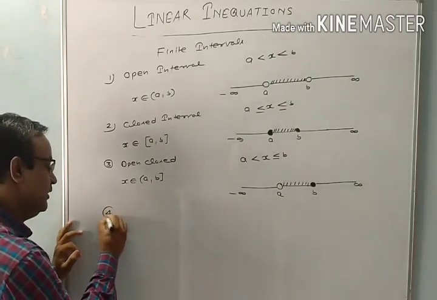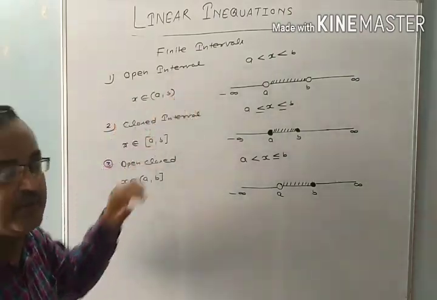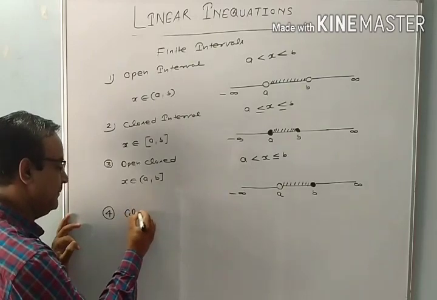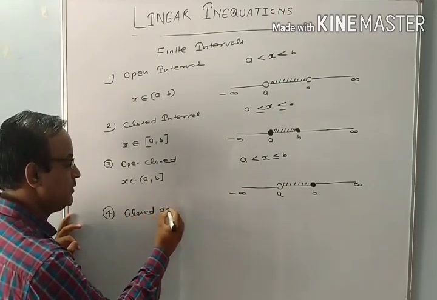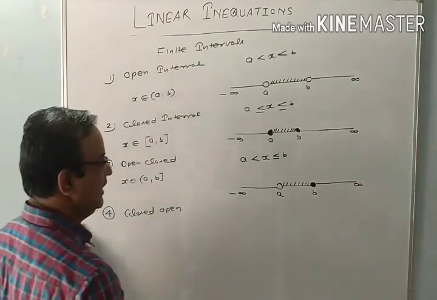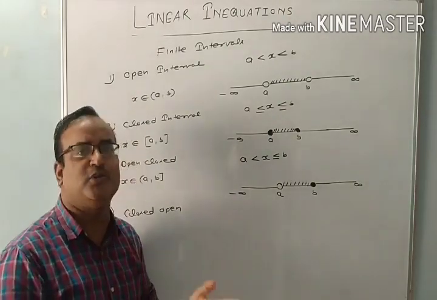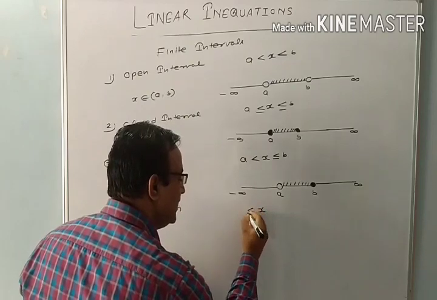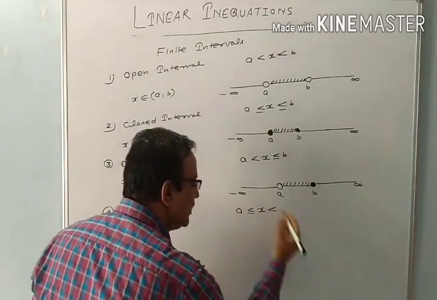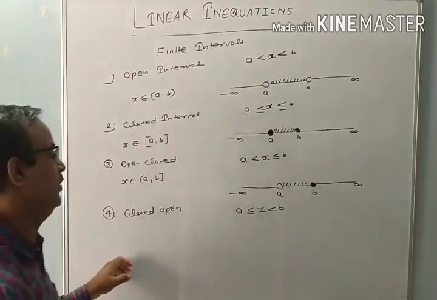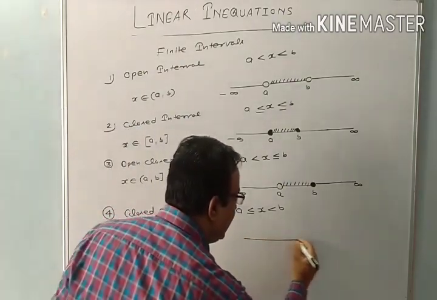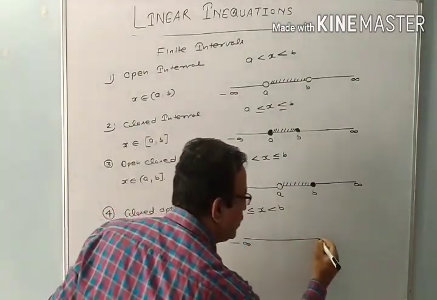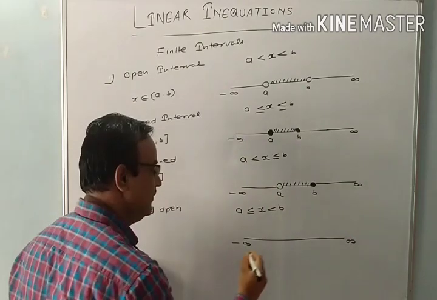Now fourth, which is the last of the finite intervals, closed open interval. It will help us to write the solution of the given linear equation. Now the value of x is equal to a, more than a but less than b. So when we represent it on the number line, we write from minus infinity to plus infinity.